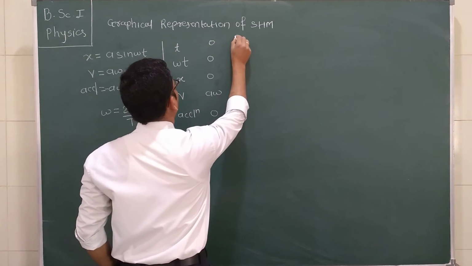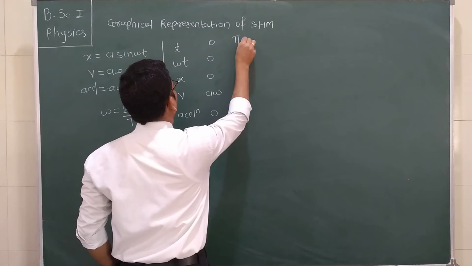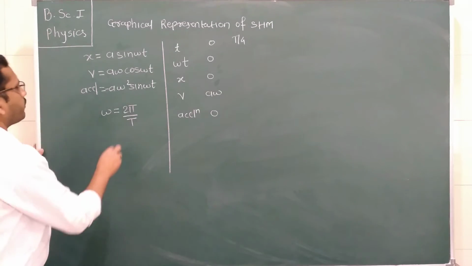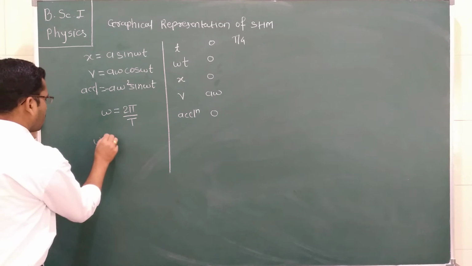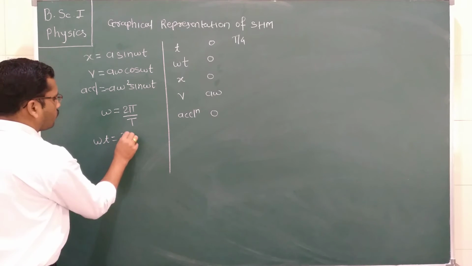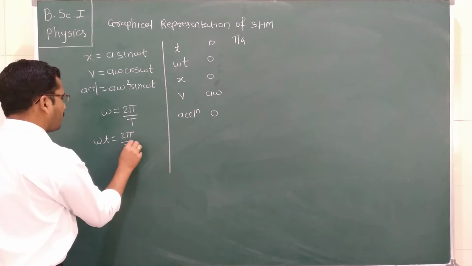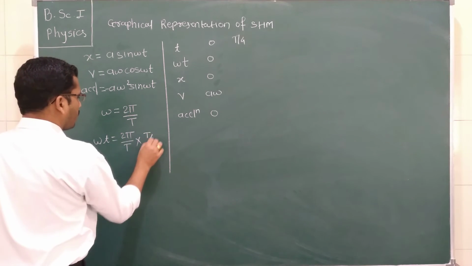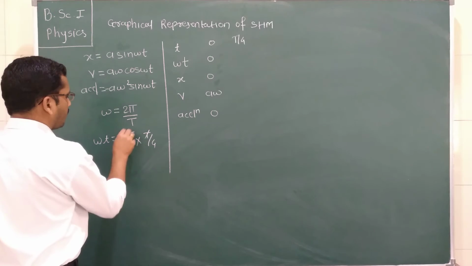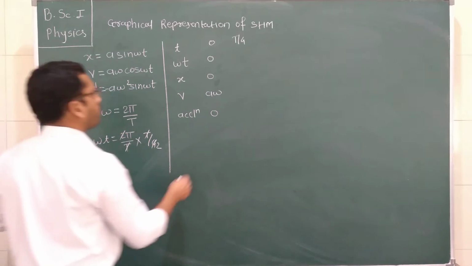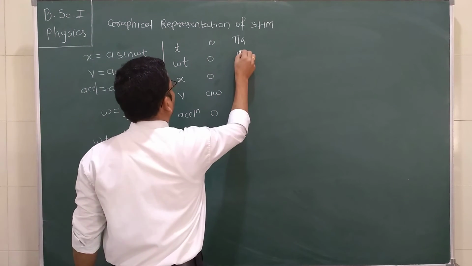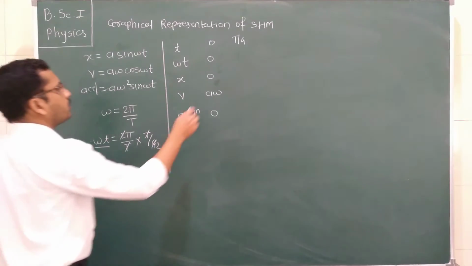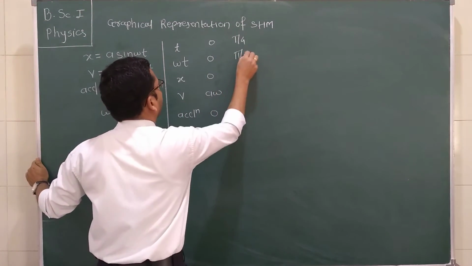If t is equal to T by 4, what happens? When t is equal to T by 4, omega t is equal to 2 pi upon capital T multiplied by T by 4. The T gets cancelled, so it is equal to pi by 2.